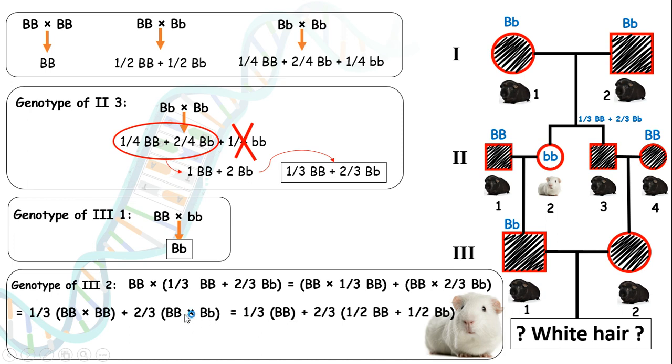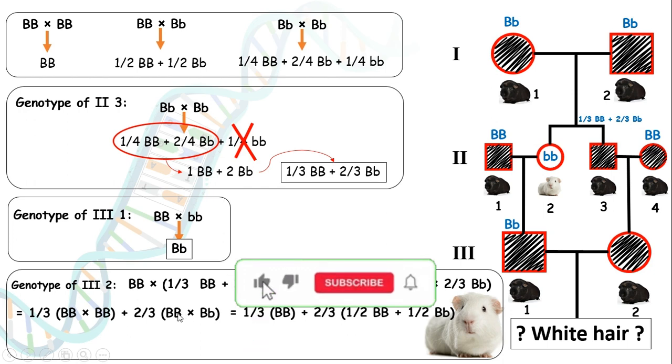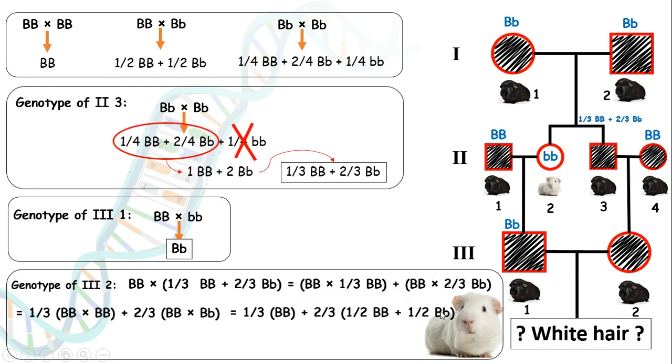For example, here we just have the dominant homozygous, so we will have 1/3 of capital B capital B. In this one, half of them have the capital B capital B and half of them have the capital B small b genotype. So we need to consider also the 2/3 as our coefficient here. And finally, if we calculate them, we will have 1/3 dominant homozygous.